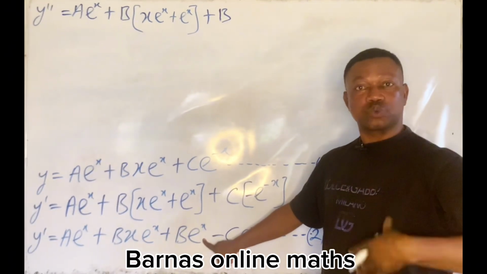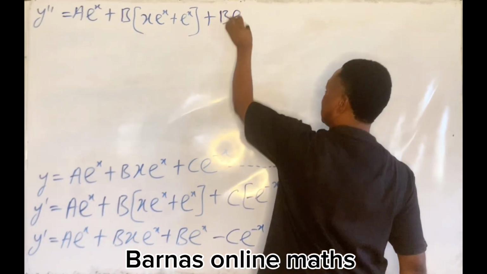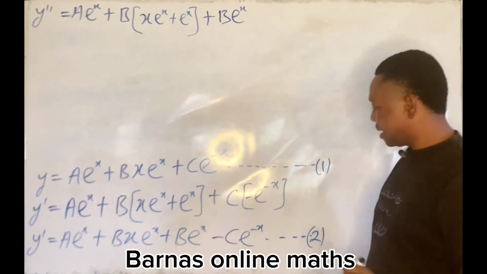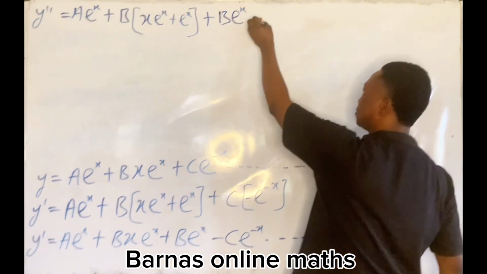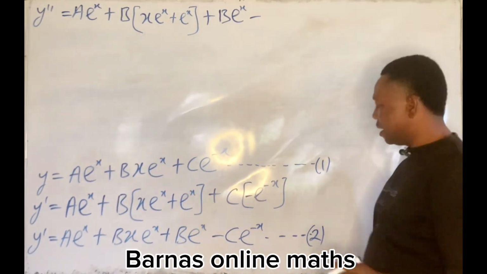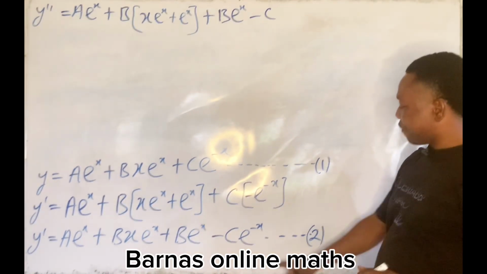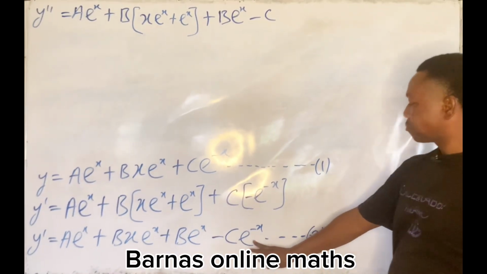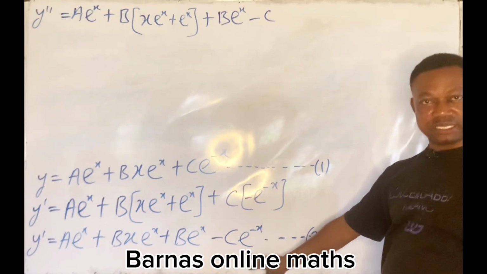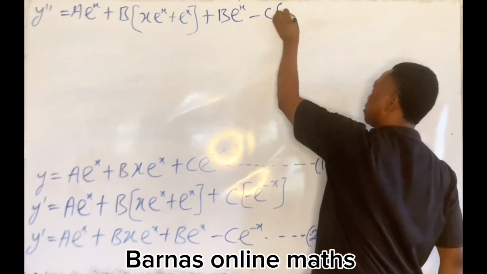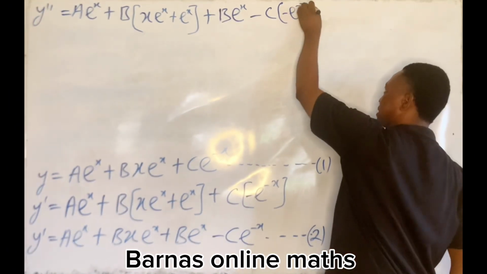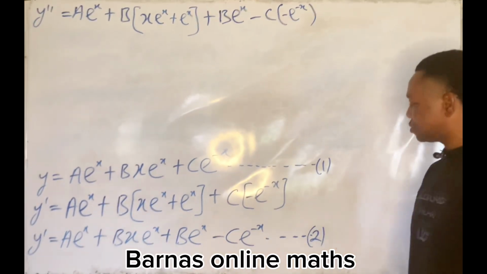Differentiate e to the power x, it will still give you the same thing, which is e to the power x. Then we have minus c is a constant. Differentiate e to the power minus x. Of course, you know it's going to give us minus e to the power minus x. That's what it's going to give us.